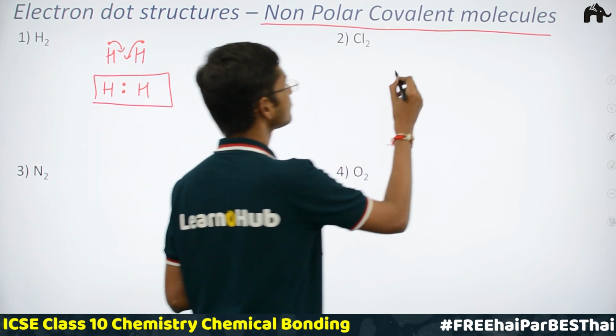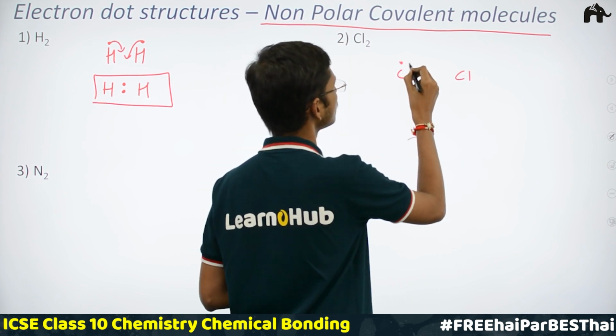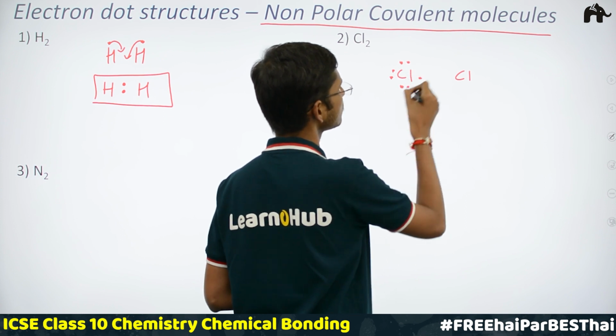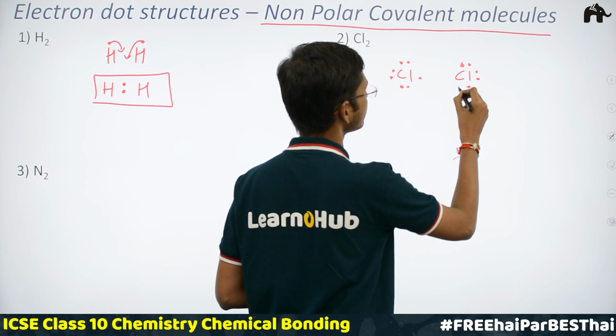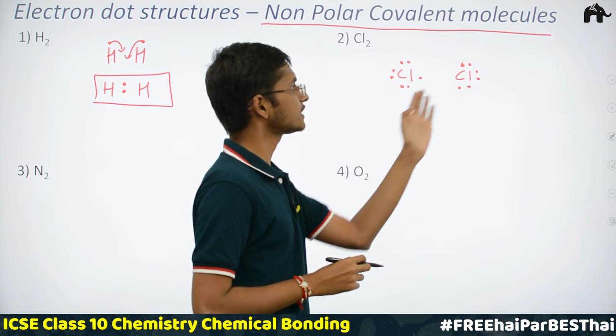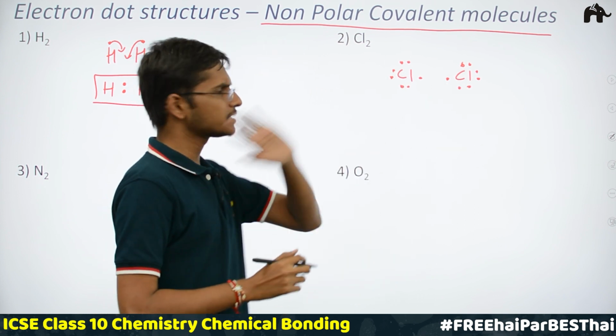Moving to Cl2, you already know the individual electron dot structure of both chlorine atoms. You can also try to draw this electron dot structure with me. We have already studied that chlorine's outermost shell has 7 electrons, so I have depicted 7 electrons with dots, the same symbols.